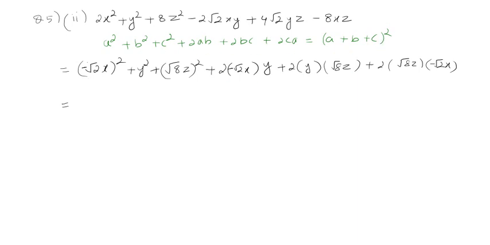So I'll write here a, then plus b, then plus c whole square, or instead of writing whole square, I'll write this one as twice because we need to tell the factor.